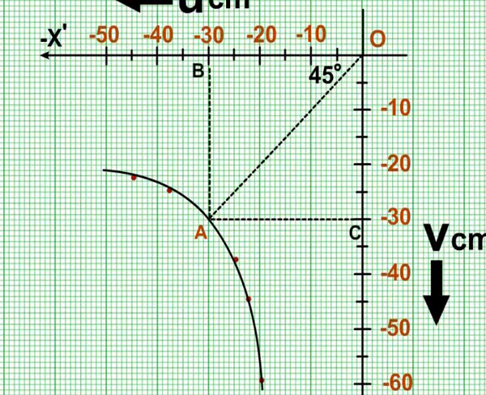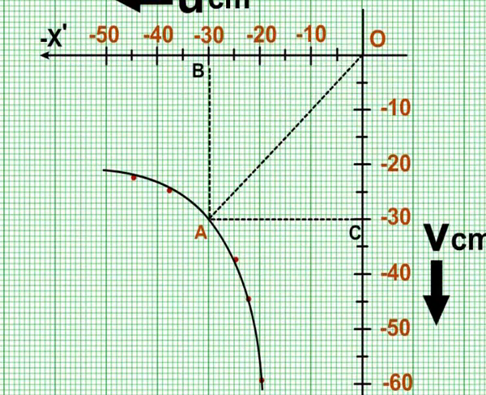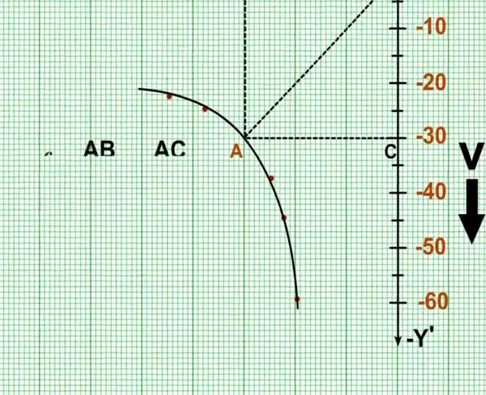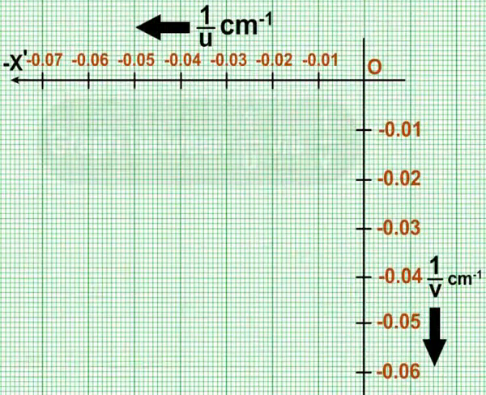Thus, measure the distance AC equal to AB equal to -2f. Half of any of these distances gives the focal length. Thus, AB/2 equals AC/2 equals -30/2 equals -15 centimeter, which is the focal length of the given mirror here.